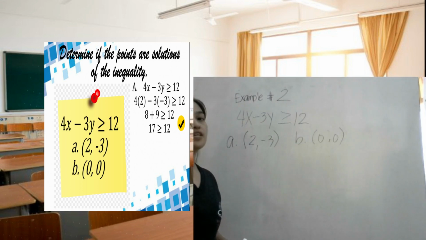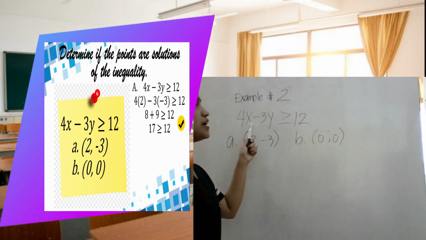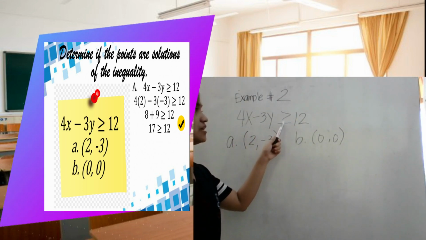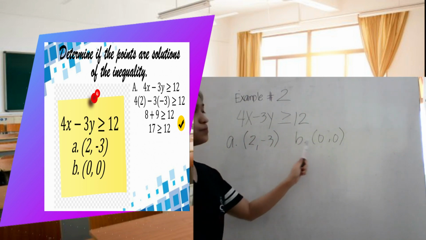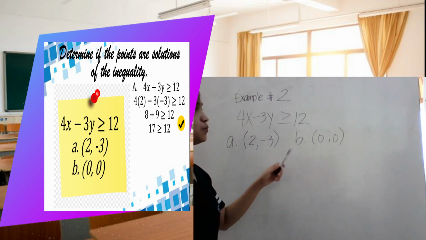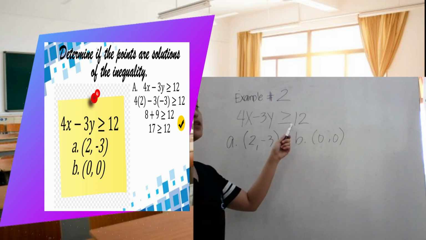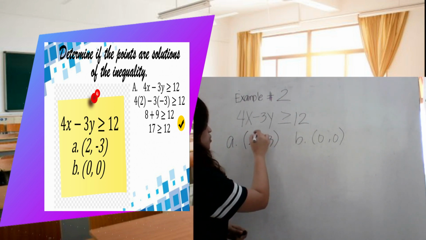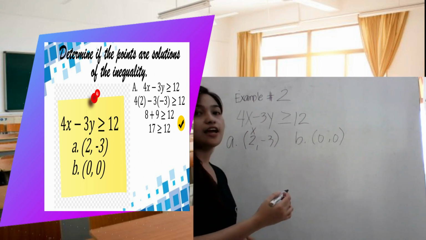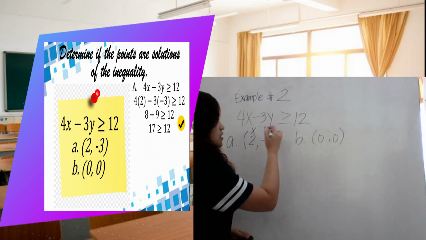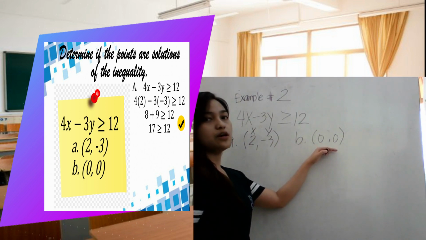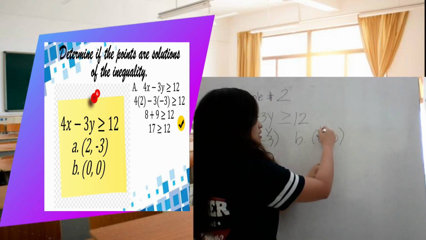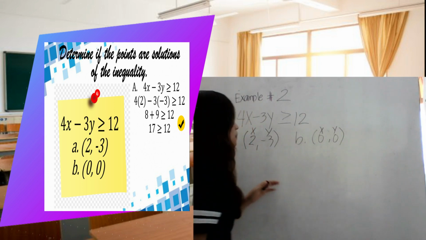So we have another example, example number 2, which is 4x minus 3y is greater than or equal to 12. And again, we have 2 points or coordinates, and we want to know which one of them would satisfy this inequality. So again, 2 would be the x coordinate, negative 3 would be the y coordinate, while in this point, 0 would be the x and another 0 would be the y.